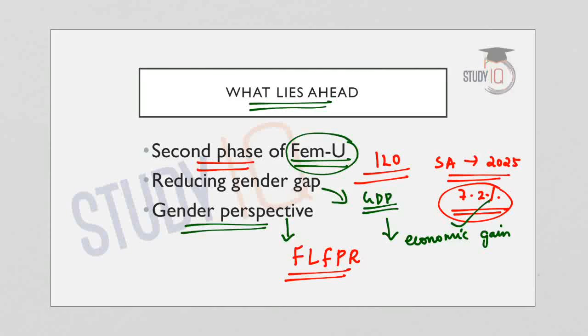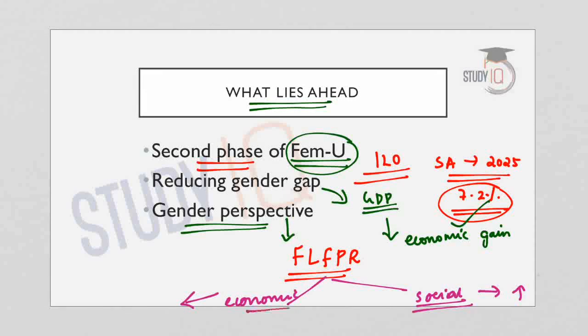And by increasing the female labor force participation rate, there can be improvements in economic factors as well as social factors. The status of women in society will improve, and it will also contribute towards economic development or better rates of economic growth in the economy by increasing the GDP.